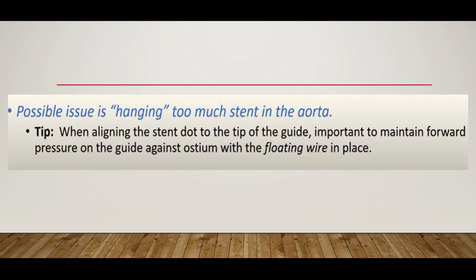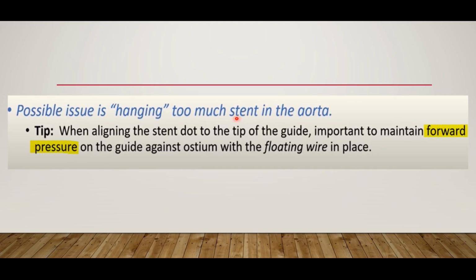And what about the other challenge, which is the overhanging in the aorta? You maintain forward pressure on the guiding catheter against the ostium, and don't be afraid you will not engage, because there is a floating wire preventing the guiding from engaging the coronary artery.